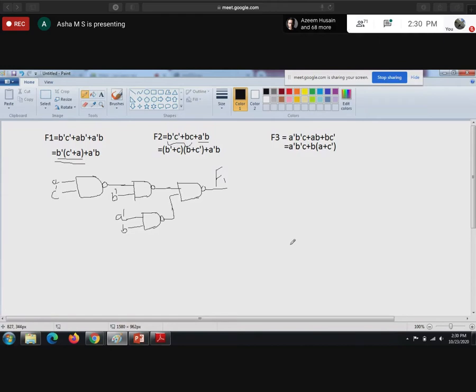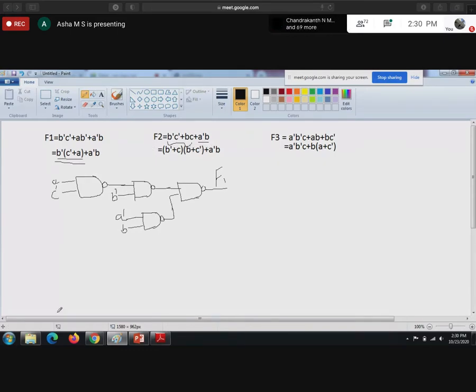We are not going to take them separately. We are going to join for this one. So F2, what all do we require? F2 we require B bar plus C, and B plus C bar.